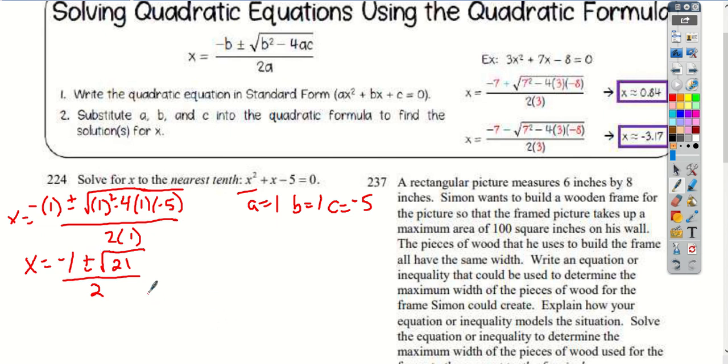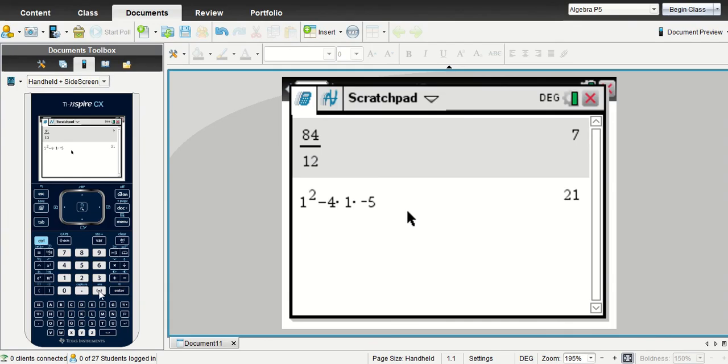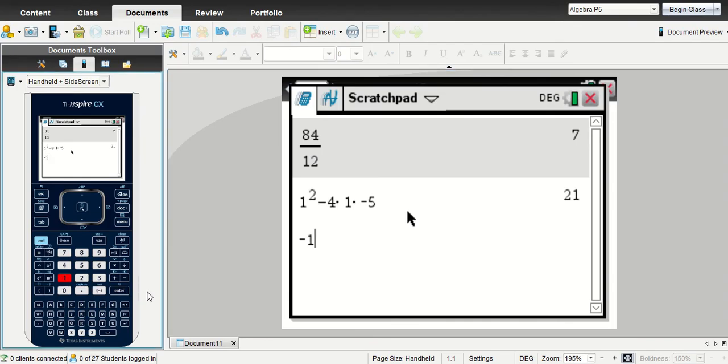However, it says nearest tenth. So I know x is equal to both -1 plus the square root of 21 over 2, right? Or x is equal to -1 minus the square root of 21 over 2. And so I'm going to do both on my calculator, okay? -1 plus square root 21.